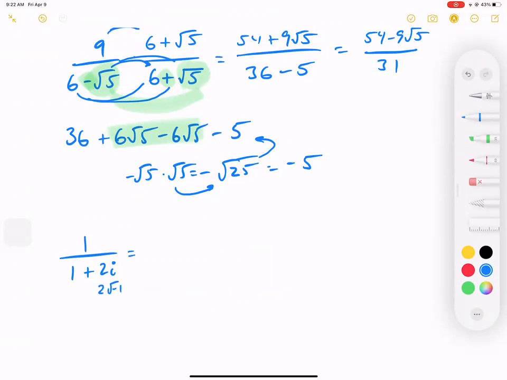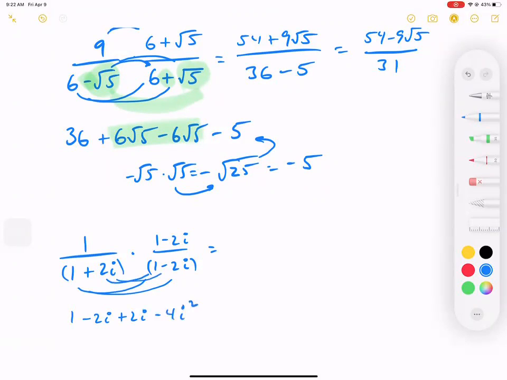And for us, what we would do is multiply this by the conjugate. So we would multiply this by 1 minus 2i to the top and bottom. Right? So we multiply the bottom: 1 times 1, 1 times negative 2i, 2i times 1 is just positive 2i, and 2i times 2i is negative 4i squared.